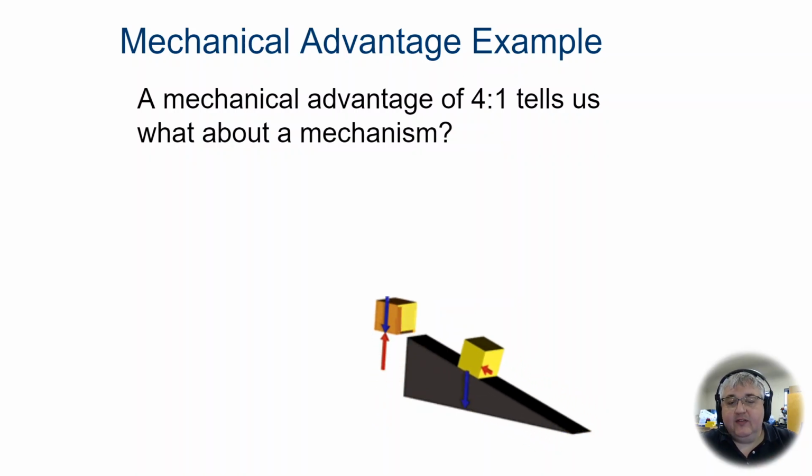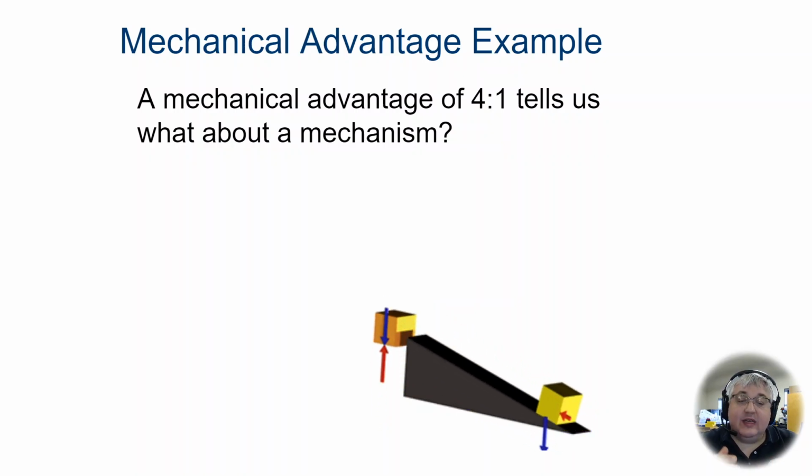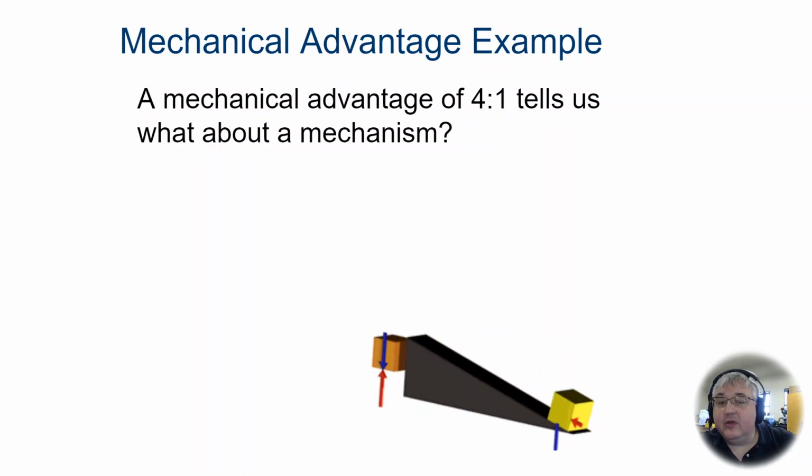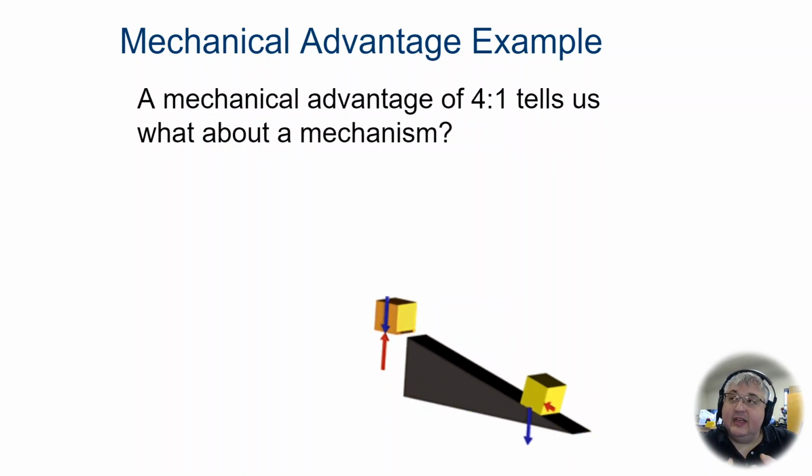In this case, we're using an inclined plane to do the work of lifting this block a certain distance. So let's say 1 foot. We have a 1 pound block that we're lifting 1 foot. Or we can slide it up the inclined plane and use less force.